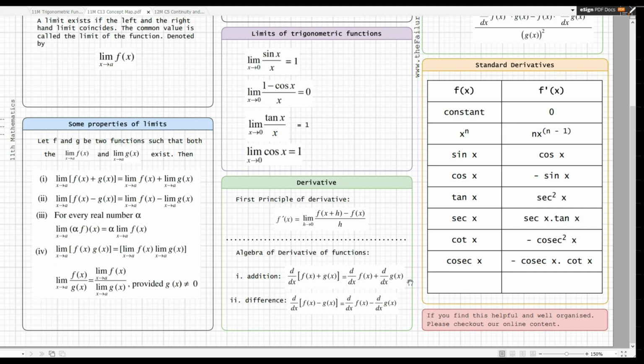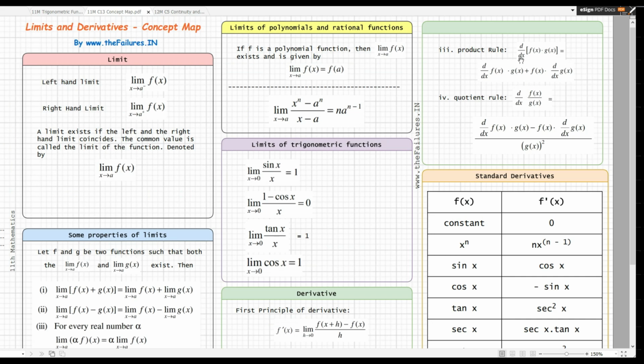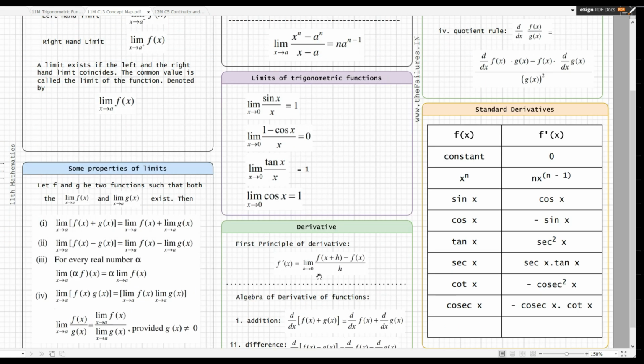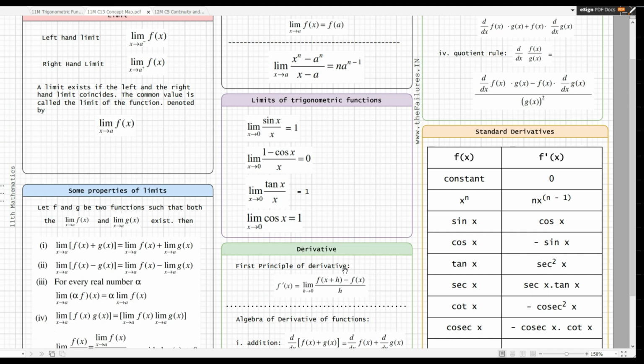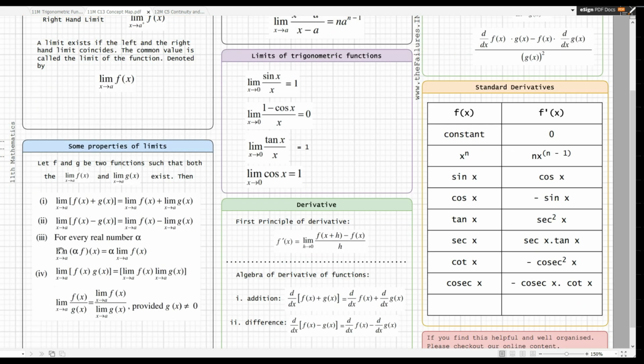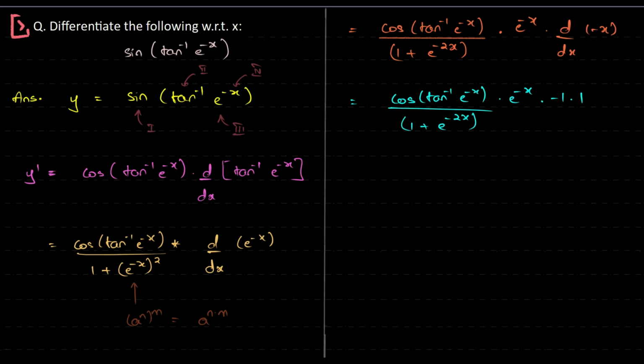Alpha can get out. Anyways, this we can understand from limits also. Its derivative is nothing but basic idea is from limits itself. So alpha we can take it out. Similarly, I can take out the negative 1, and derivative of x is 1 itself. Derivative of x with respect to x is 1.